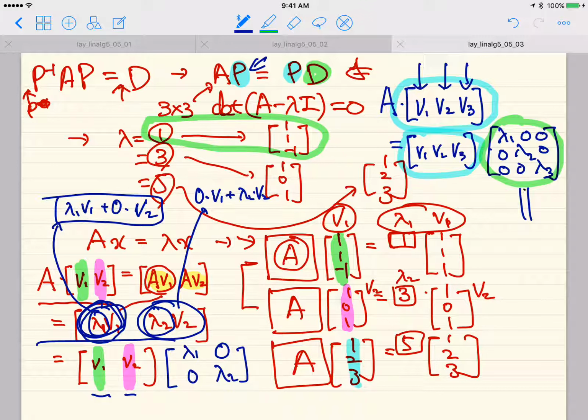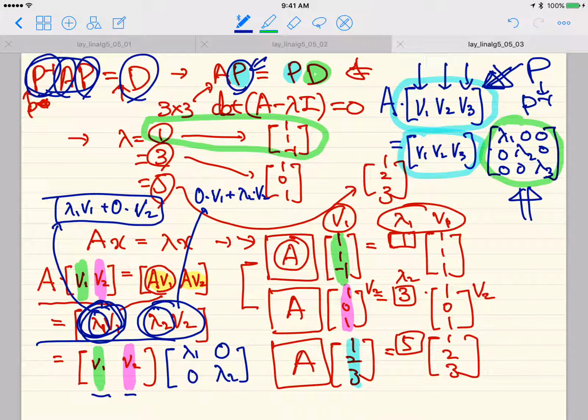And then if we think about this similarity transformation, where we use P as this matrix, and if we think about the inverse of this matrix that has the eigenvectors as its columns, so this is our P, and P inverse times A times P will become your diagonal matrix D, and this D will have the diagonal entries as eigenvalues.